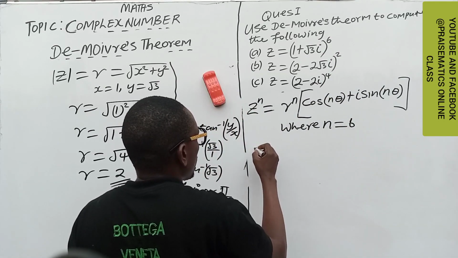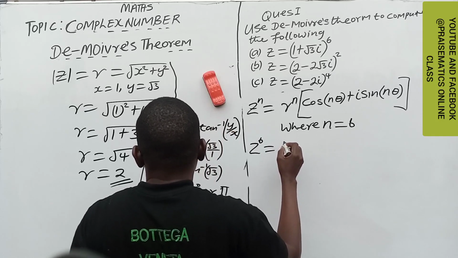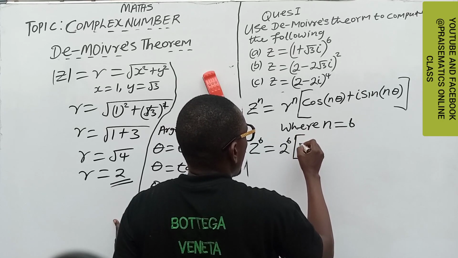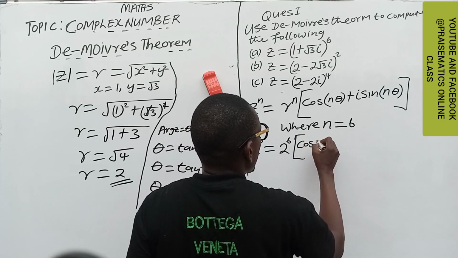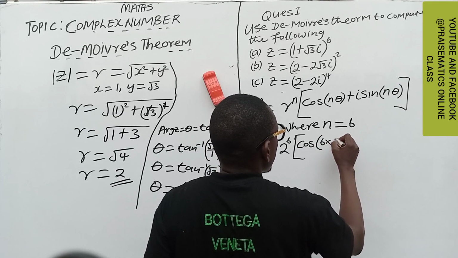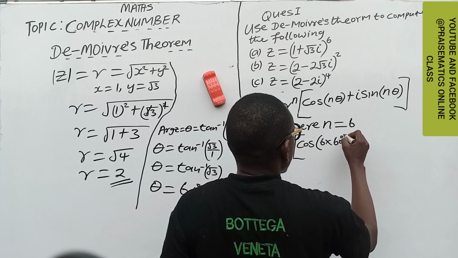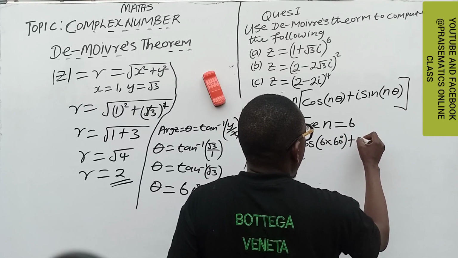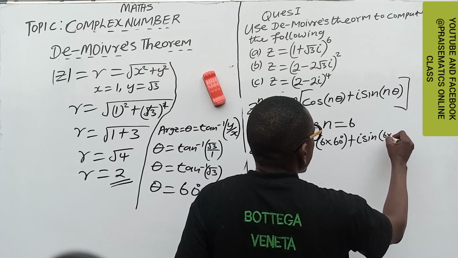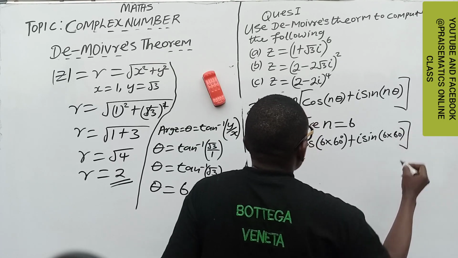So from this place, we are going to have z raised to power 6 is the same thing as saying our r is 2, which is 2 raised to power 6 into cos 6 times 60 degrees, close it, plus i sine 6 times 60, close it.